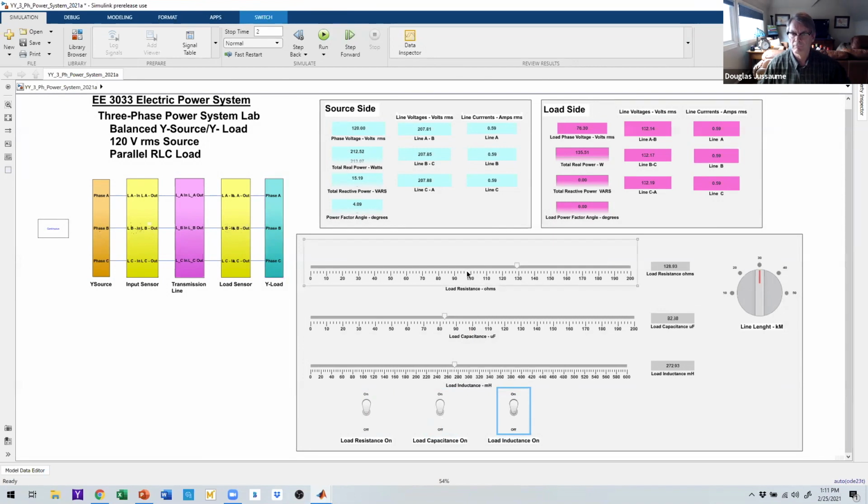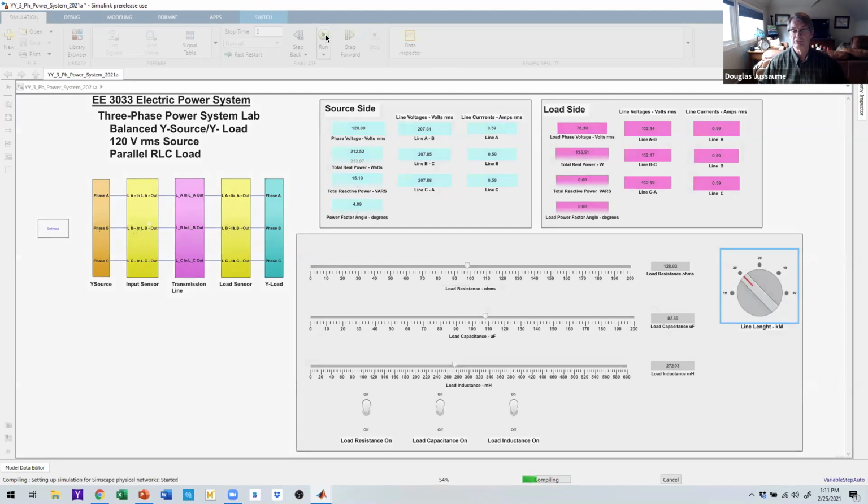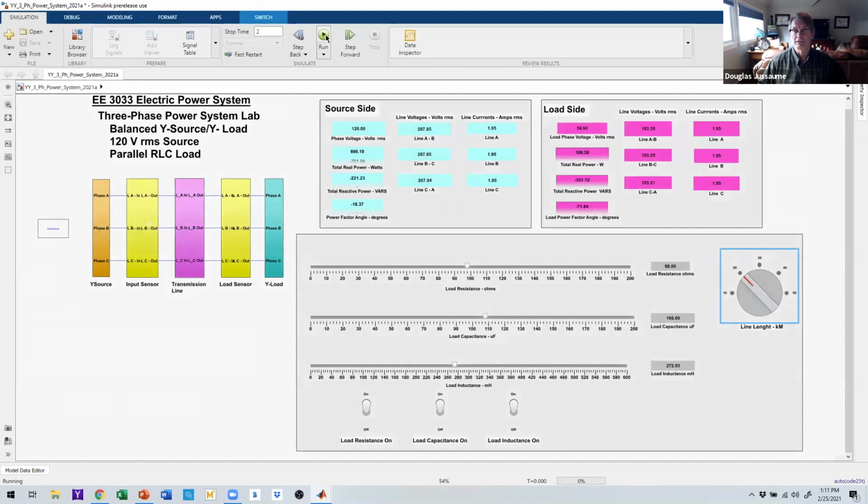Along with it, I can change the resistive values, the capacitance values by using these slider bars. And over to the right, I can change the length of the transmission line. So this gives the student a great deal of flexibility and freedom in understanding what is going on. And again, all they have to do is sit there and run it.